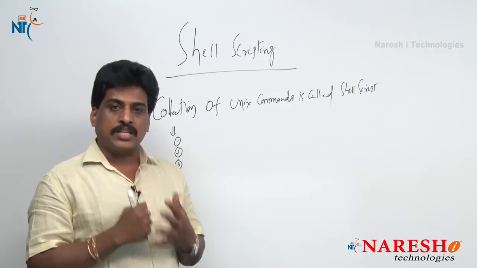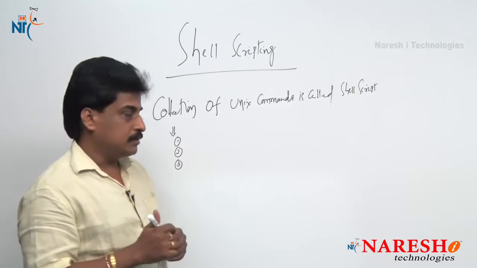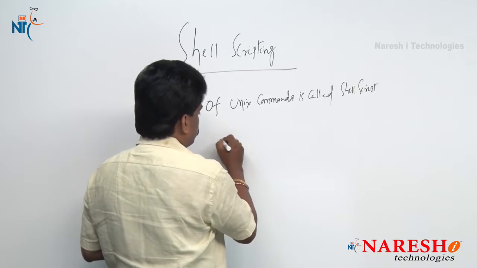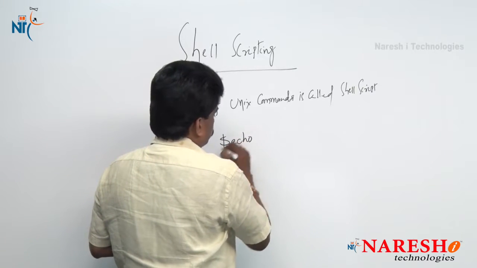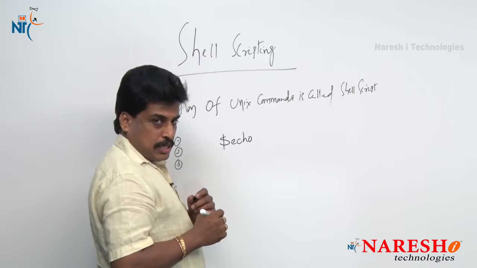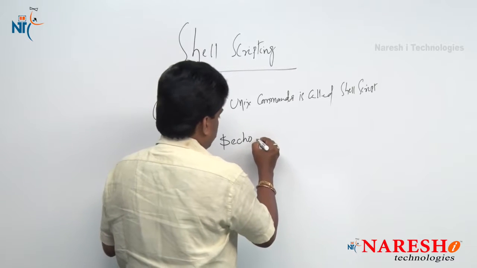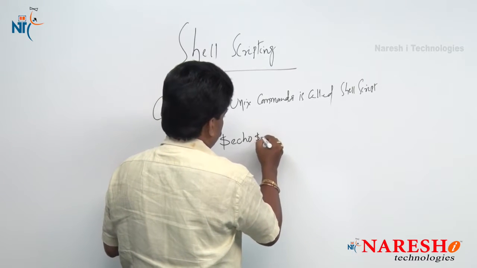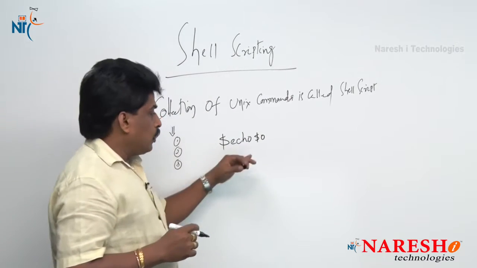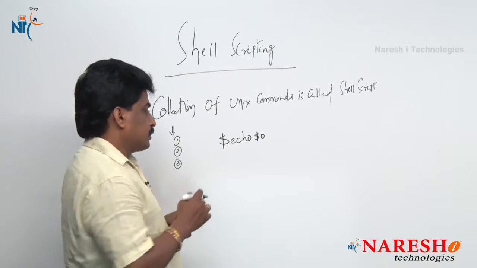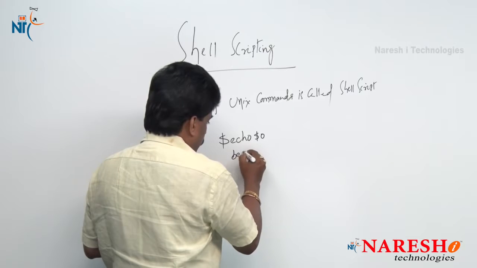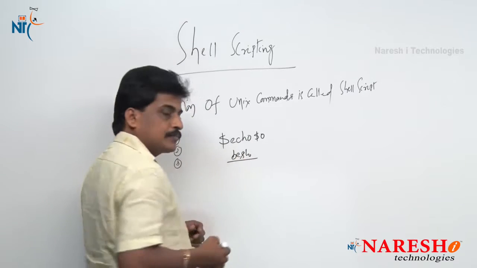If you want to know what shell is available in your system, just go to command prompt, echo and enter whatever shell you require. For example, echo $0. Whenever you enter echo $0, the related shell prompt will be displayed.